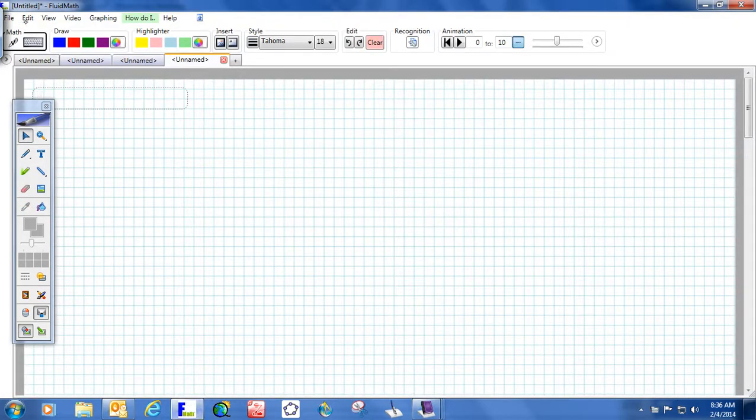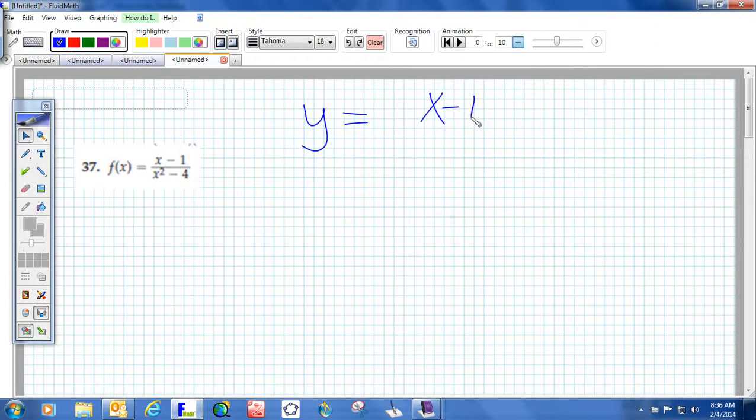Let's look at that one. Is there anything I can factor there? Yes. So this is going to become y equals x minus 1, and then the x squared minus 4 is the difference of squares, right? This will be x plus 2 times x minus 2.